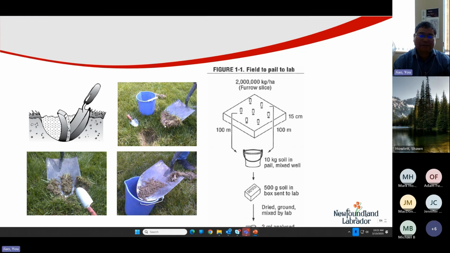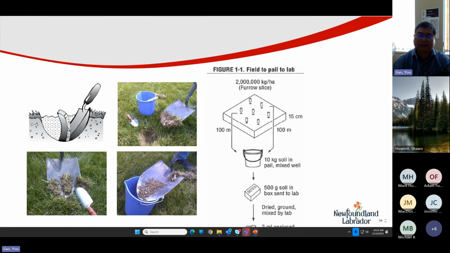But we want the sample to truly represent not only the surface of the field, but also the profile of the field. So you can get rid of both sides and get a slice. This slice represents your soil fertility not only on the very top couple of centimeters, but proportionally also the deeper layers.